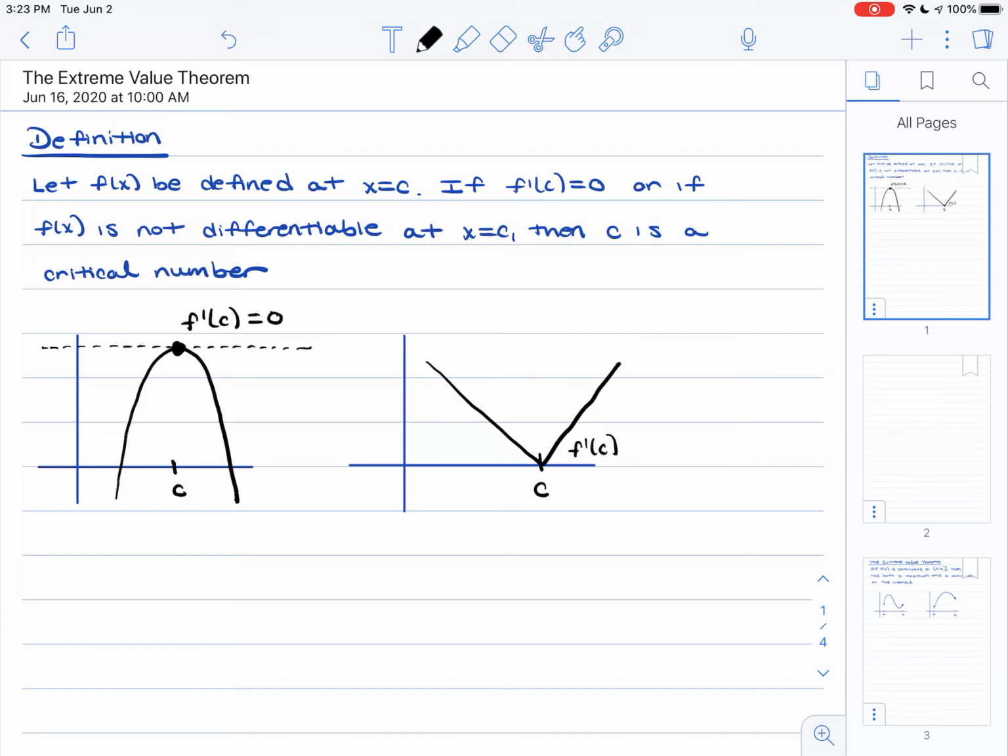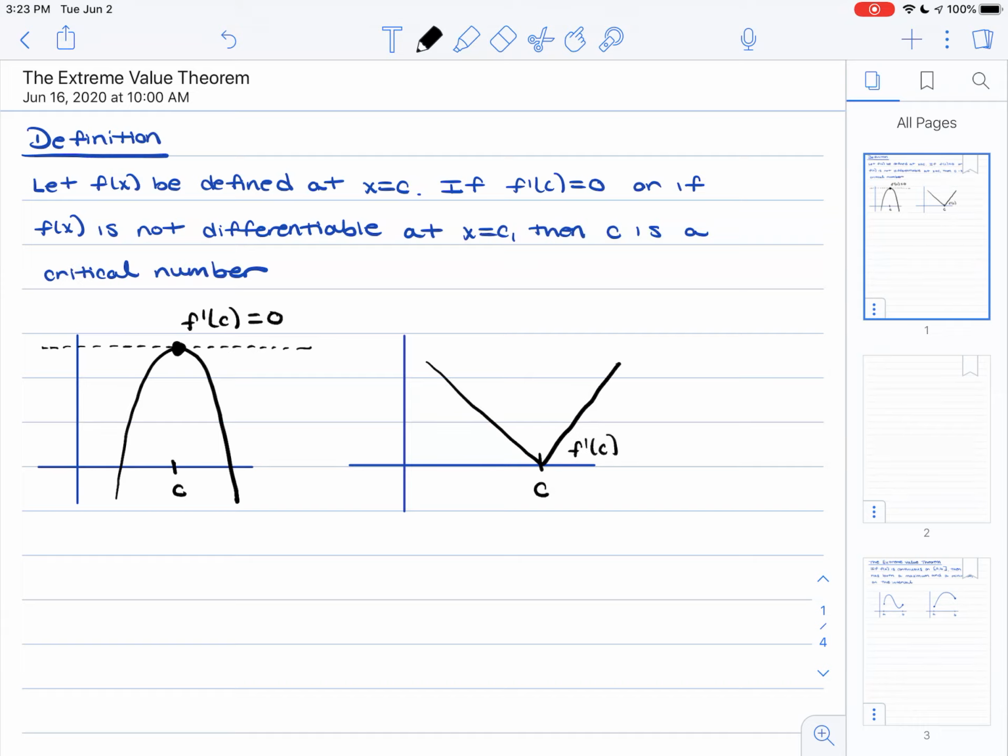Now one thing I'm going to recommend doing whenever we're finding critical numbers is make sure you simplify and factor your derivative as much as possible. In this case, we can pull out a GCF of 6x, which would leave us x plus 2.